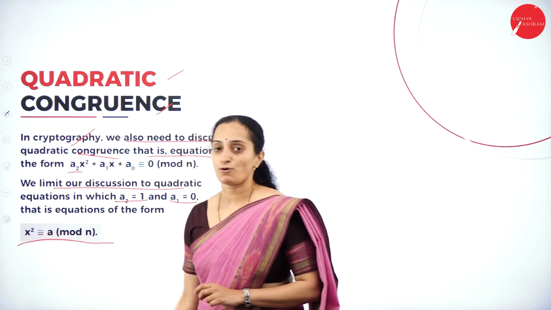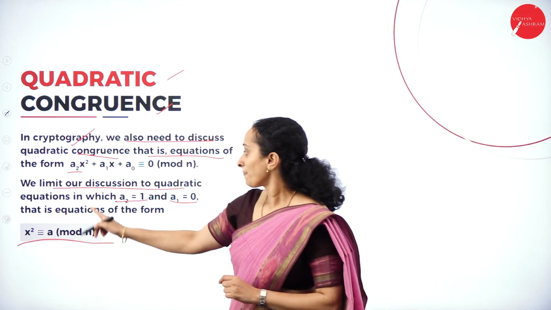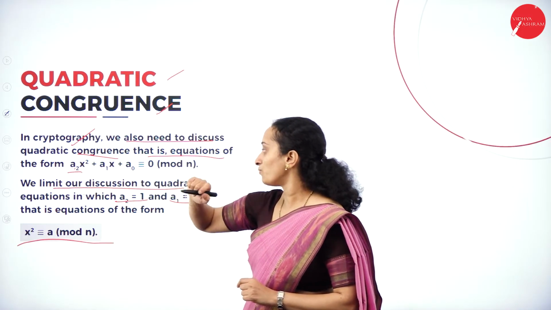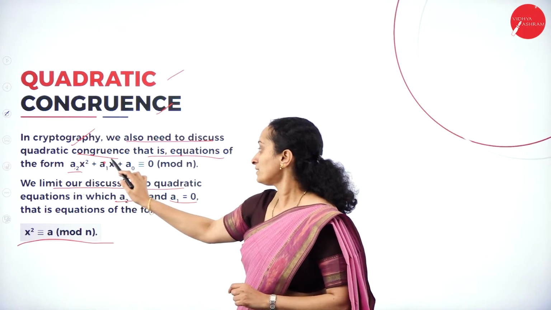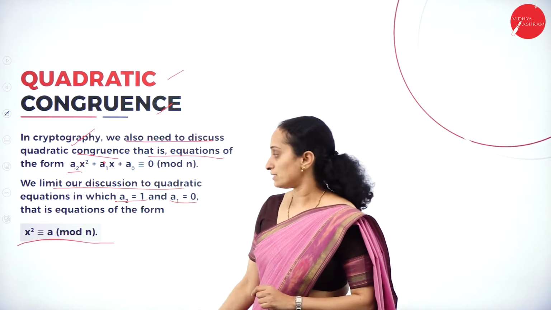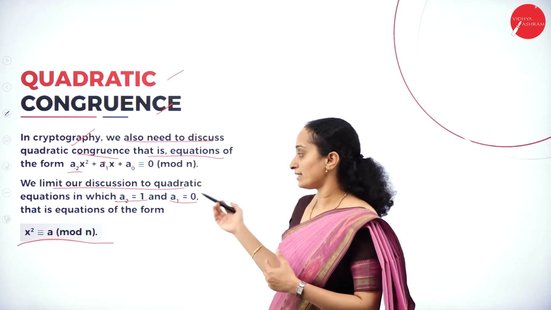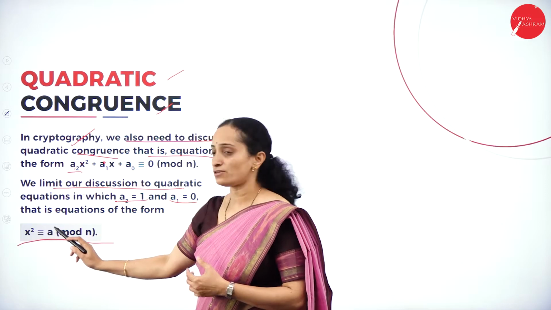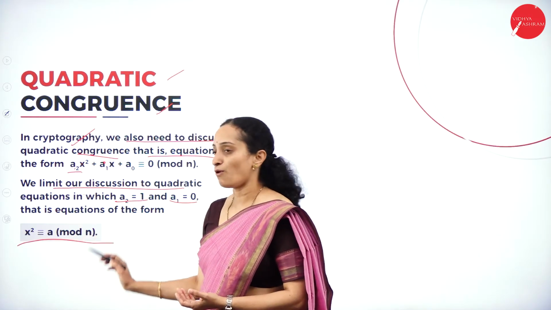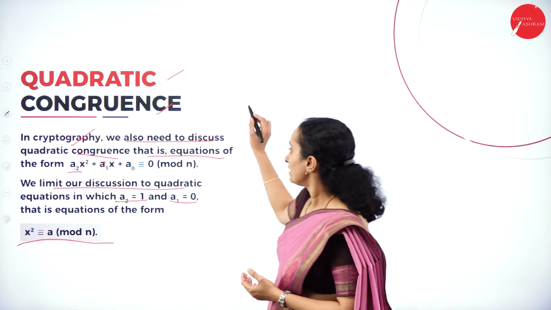If you make a2 1 and a1 0, you will get x square plus a0 equals 0. If you take it to the other side, x square will be congruent to a0 or simply a mod n.